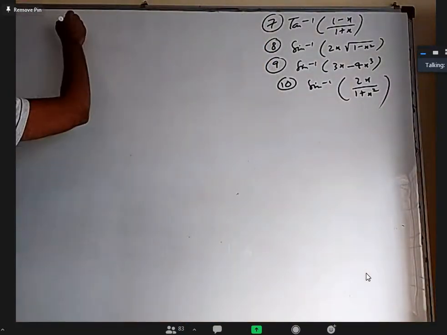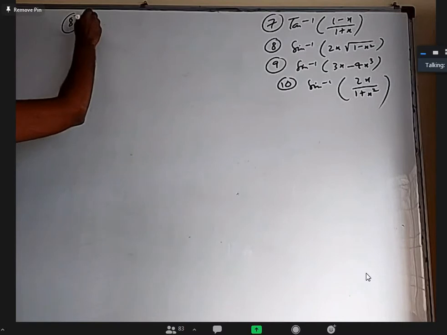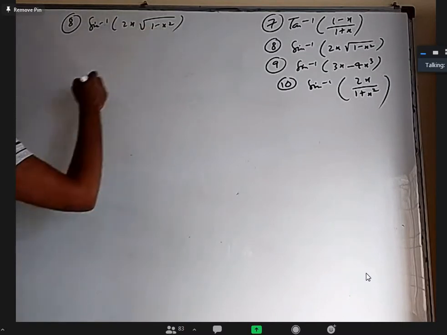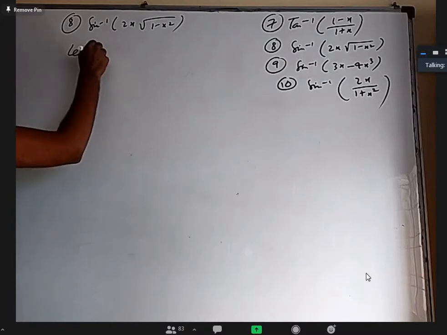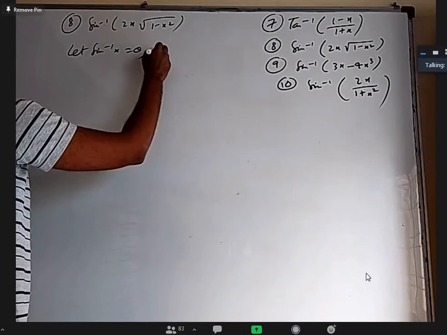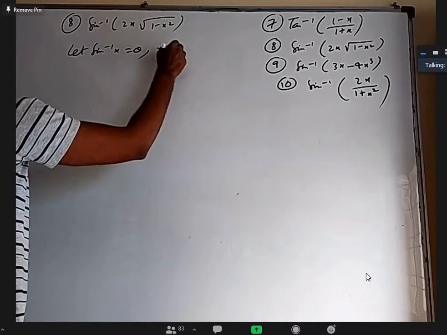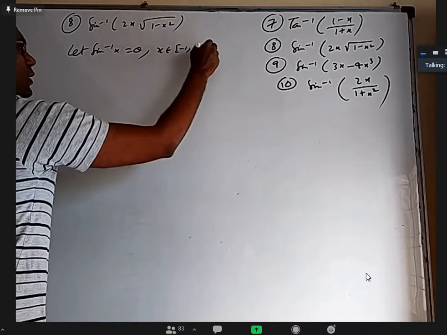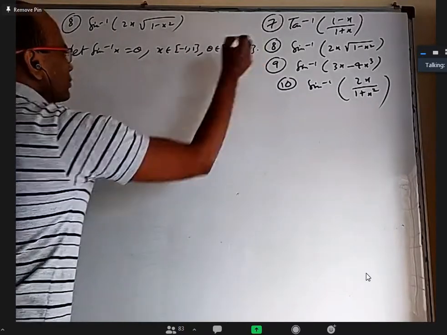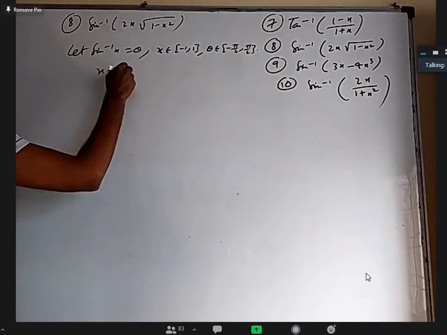Okay, 8-1. Sine inverse 2x root 1 minus x square. Obviously, let sine inverse x equal to theta, where x belongs to closed interval -1 to 1 and theta belongs to closed interval -π/2 to π/2. Obviously, x is equal to sine theta.